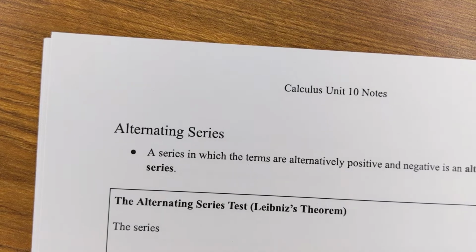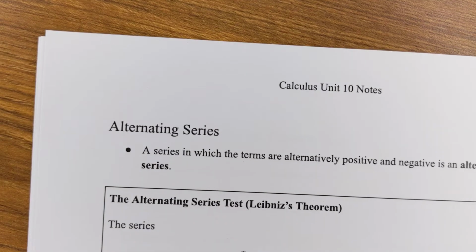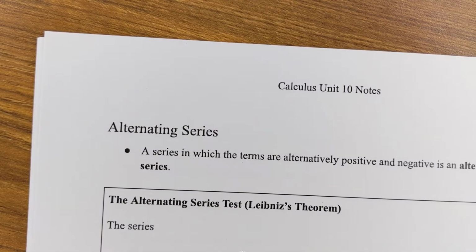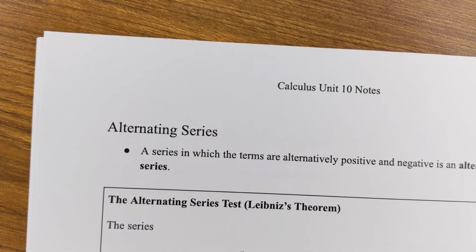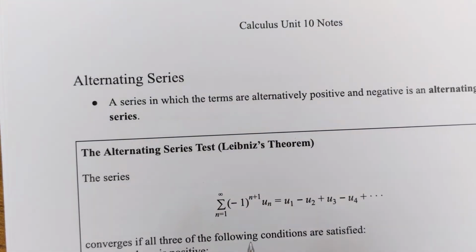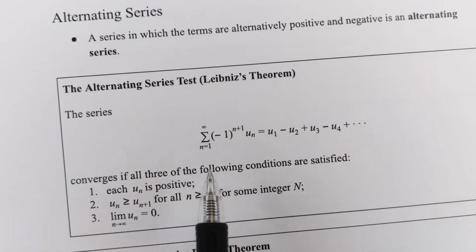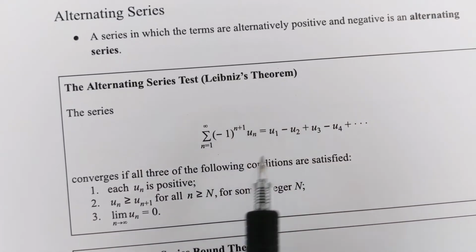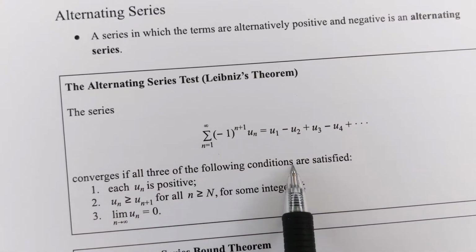Okay, so alternating series. Anyway, so the alternating series test: the series, so they alternate in sign, converges if all 3 of the following conditions are satisfied.